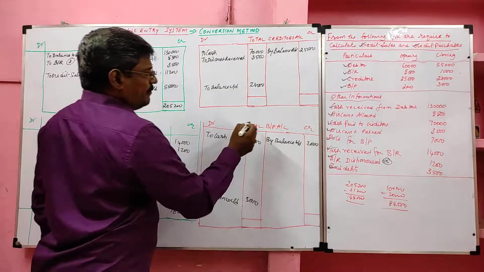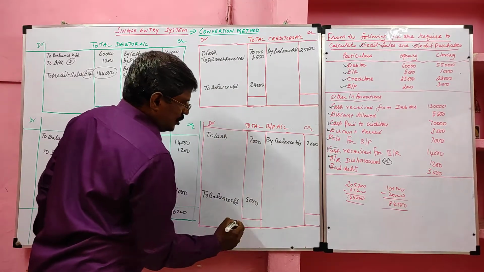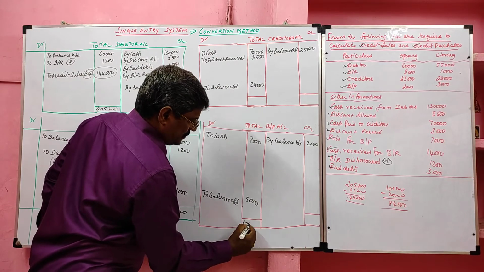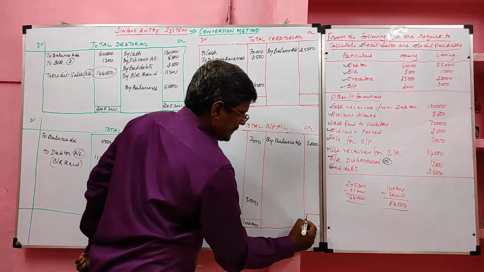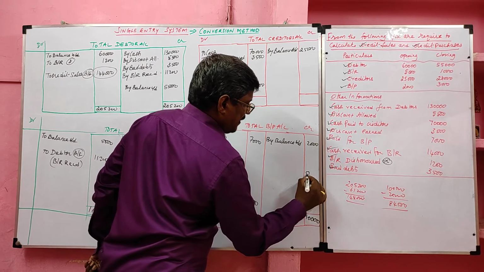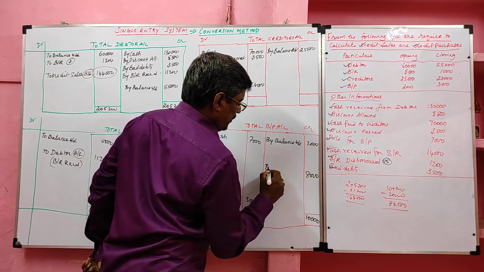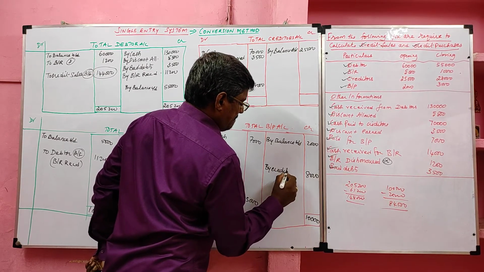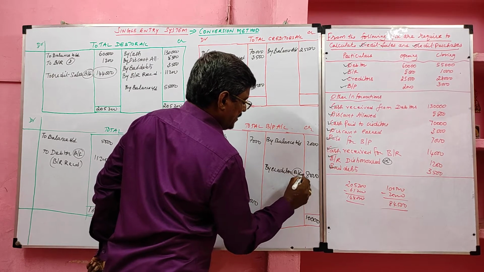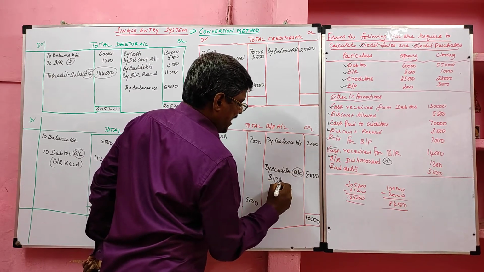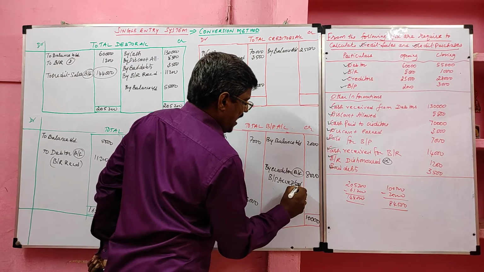Next, total bills payable account we have to close. Yes, total value how much? 10,000. The balance 8,000, balancing figure, we say BP accepted.